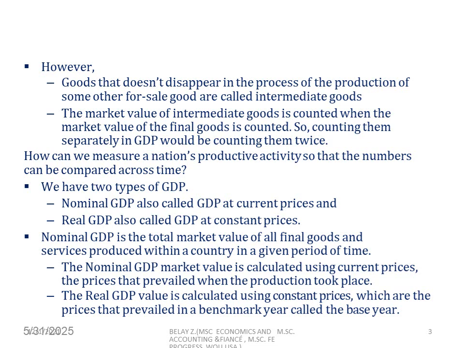Real GDP value is calculated using the constant price, which is the price that prevailed in the benchmark, called the base year. Let us see what the base year is and how we can select it. The base year is a constant year that we select for calculating real GDP to know the actual volume of output or actual production.